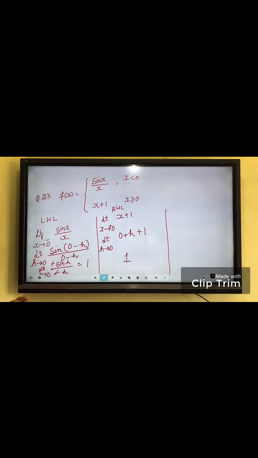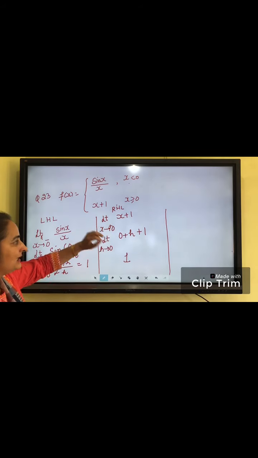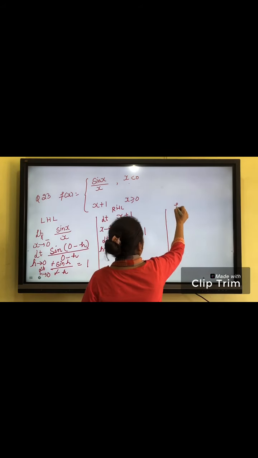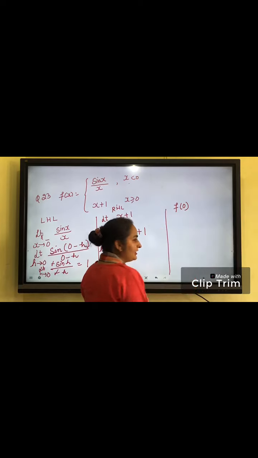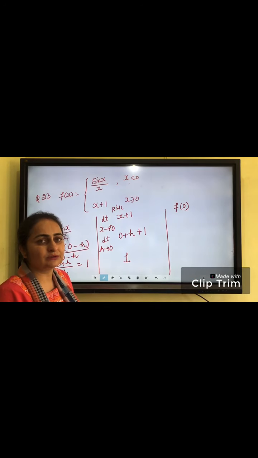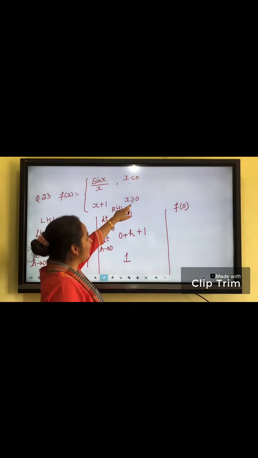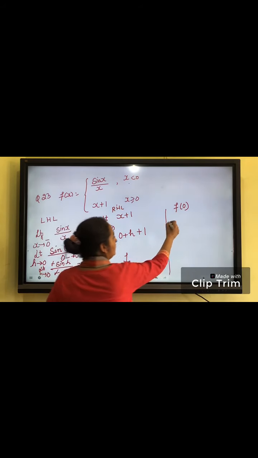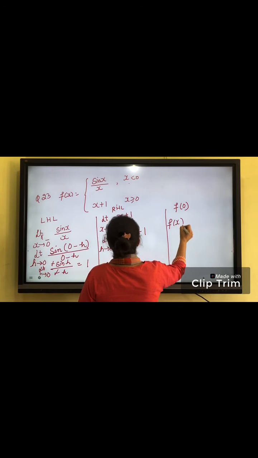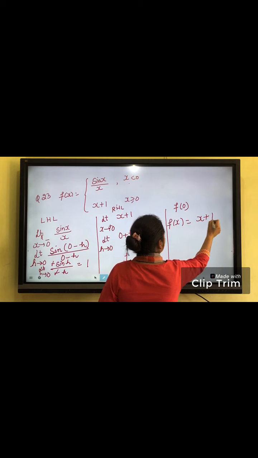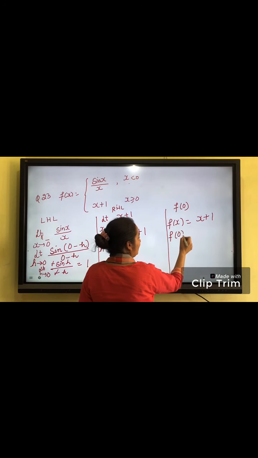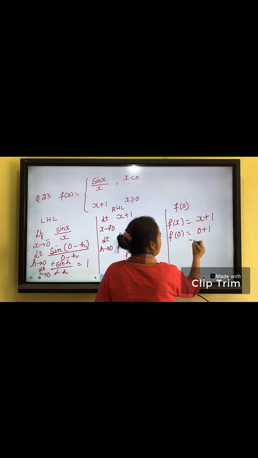We can say the function may be continuous, but it depends upon the last step, that is f at 0. For f at 0, you have to choose the function where the equal sign is given in the question. The function is f of x equals x plus 1. Now fill in the value of x, that is 0 plus 1.